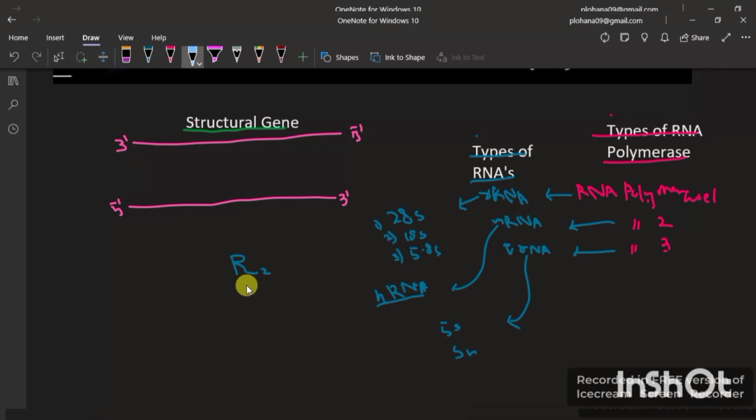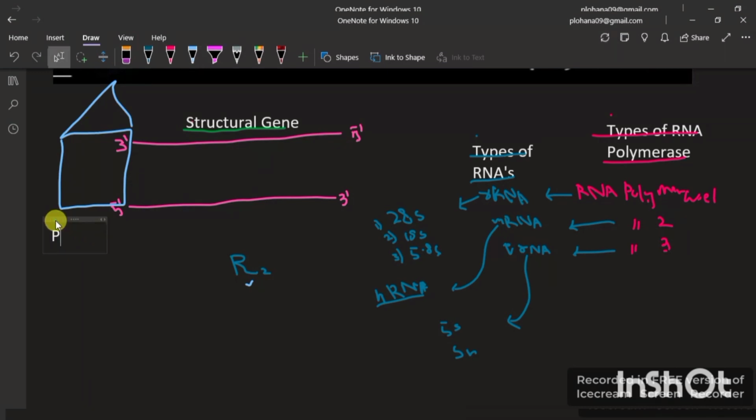Alright. So to initiate this, we have a sequence here. Like as we have door in the house to enter the house. Alright. So this is the door of the entrance of the house. Alright. So this door is what?